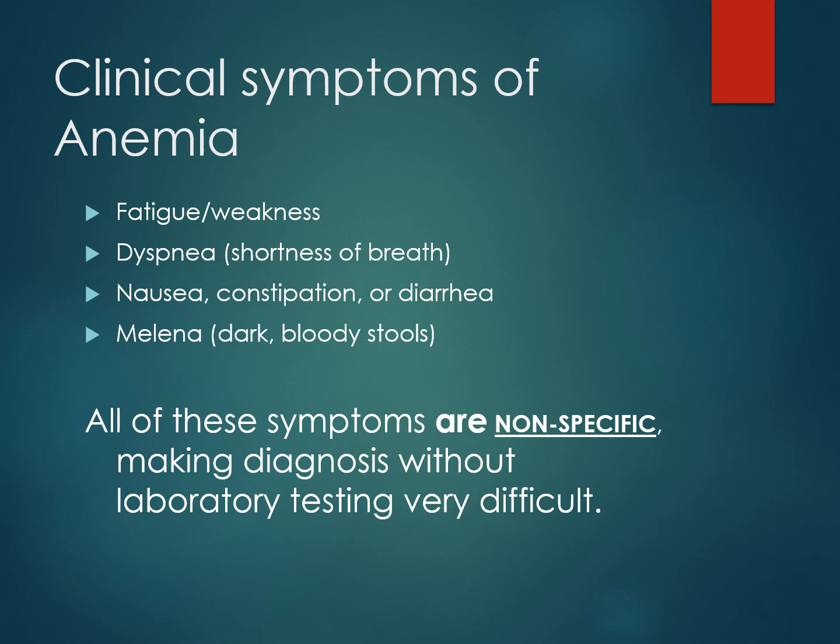They may not look bloody, they might actually look black and tarry, and that depends on if there's a GI bleed and where it's at in the GI tract. But all these symptoms are very nonspecific, making diagnosis very difficult without laboratory testing.